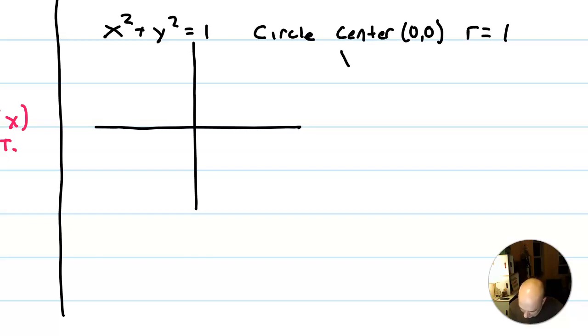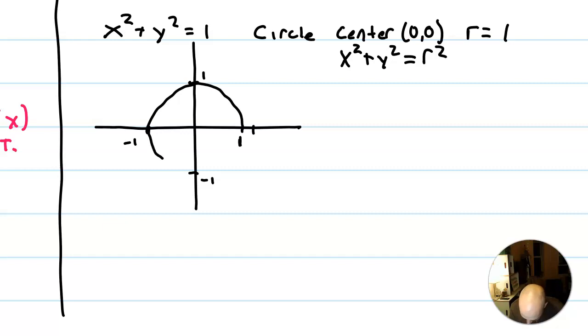It's of the form x squared plus y squared equals r squared. So let's go ahead and sketch that circle out. Let's say here's 1, negative 1, negative 1, and 1 right here. It's not quite to scale. It doesn't have to be to scale for us to understand how it interacts with the vertical line test.